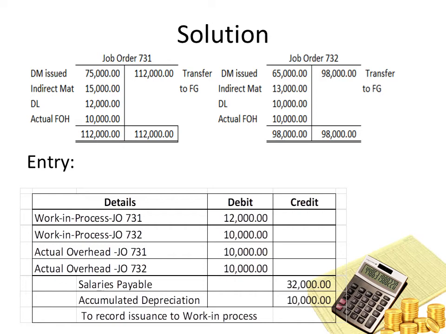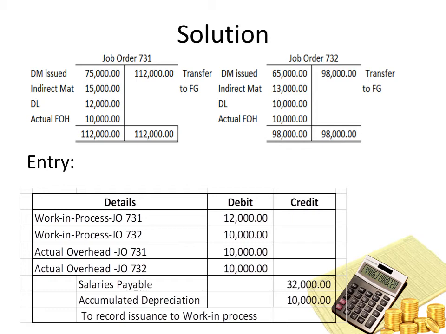We also have the actual overhead. So this includes the 5,000 indirect labor that is subdivided equally, so that's 2,500 each, and then we have the supervisor 5,000 and then the 10,000 for the machineries used. So we already have 10,000 actual overhead other than our direct labor.